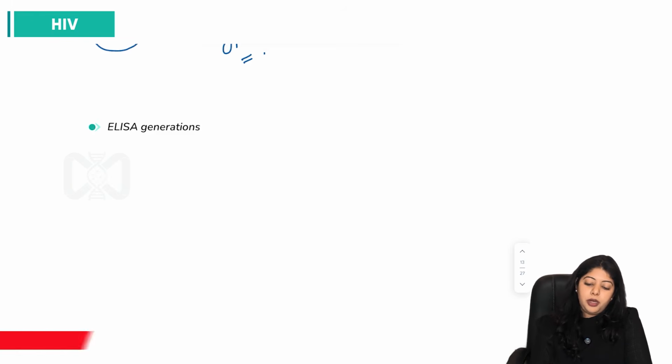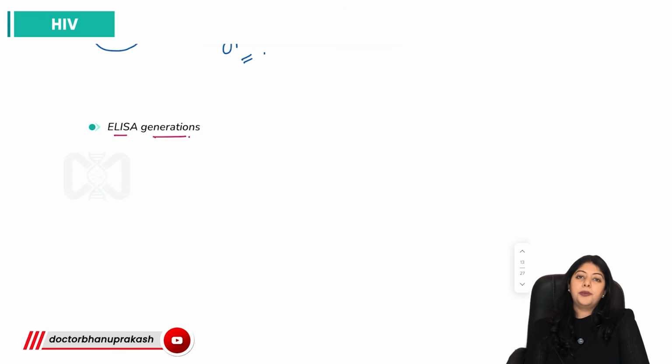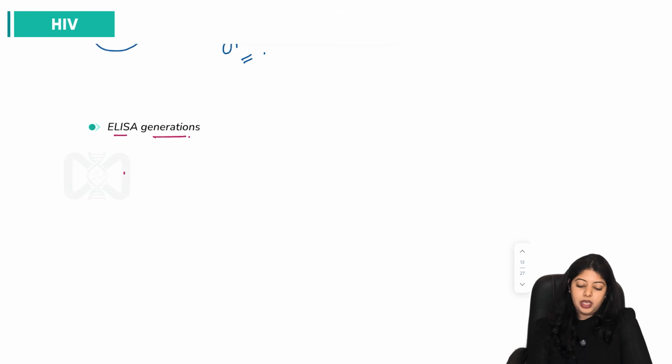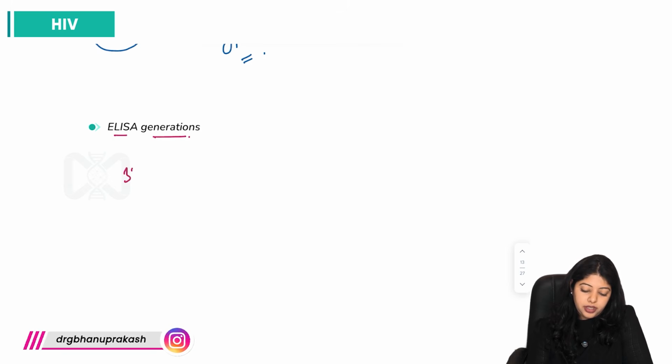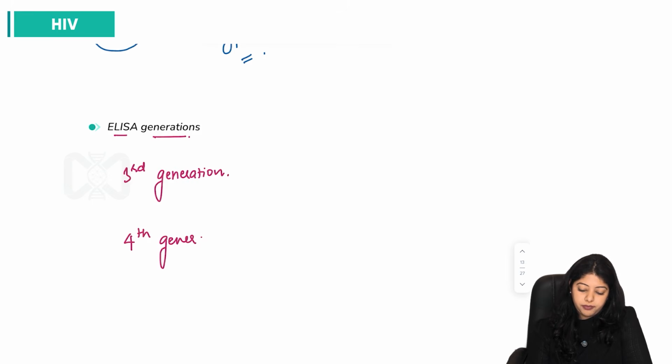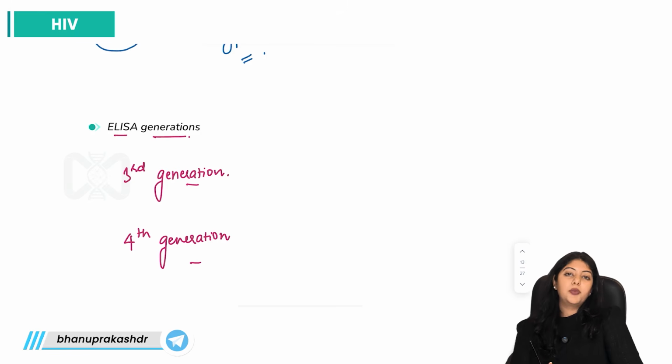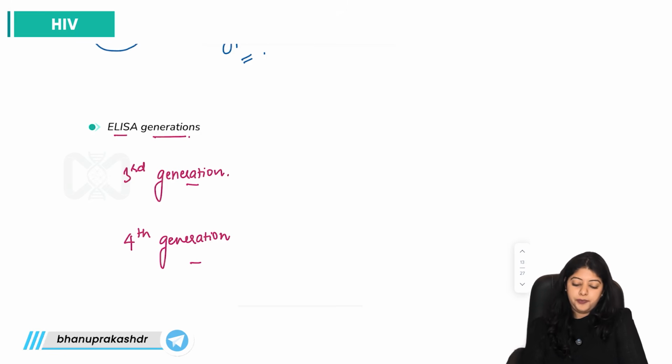So let us talk about the ELISA generations and the most commonly used generations right now for the diagnosis and are included in the NACO guidelines as well. So we have two important generations. Third generation ELISA, whereas the fourth generation ELISA. So what is the difference between these two generations of ELISA?